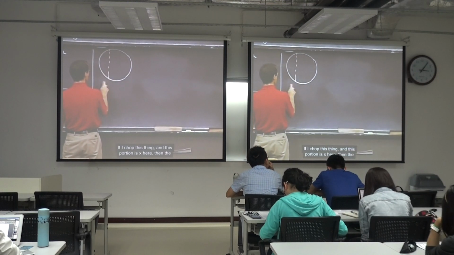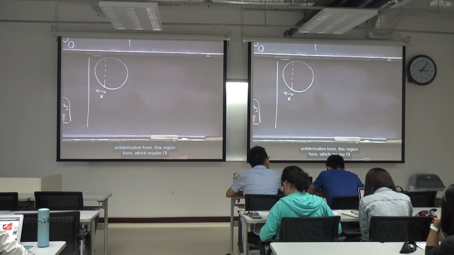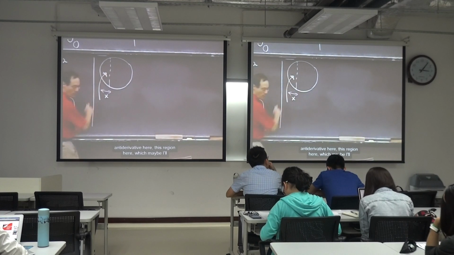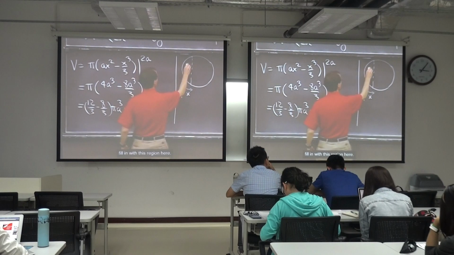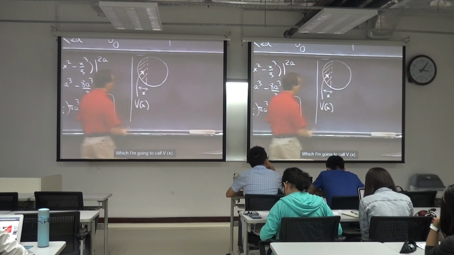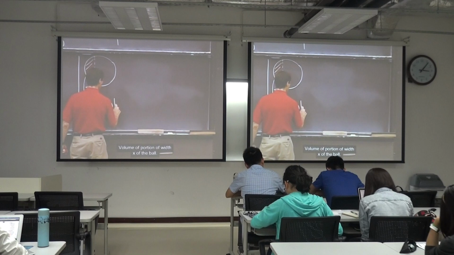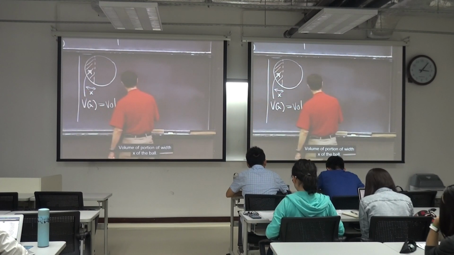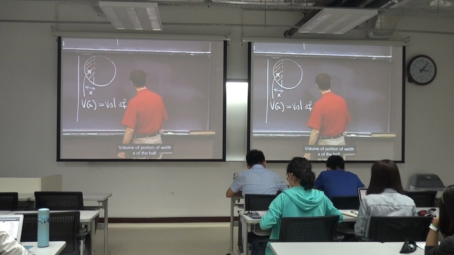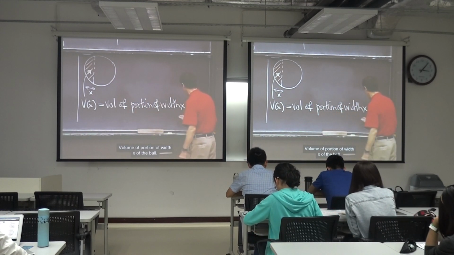If I chop this thing, and this portion is x here, then the antiderivative here, this region here, which I'll fill in, which I'm going to call V of x, is the volume of the portion of width x of the ball.